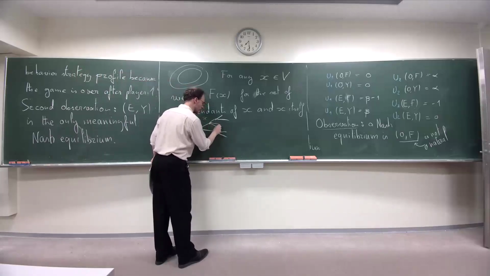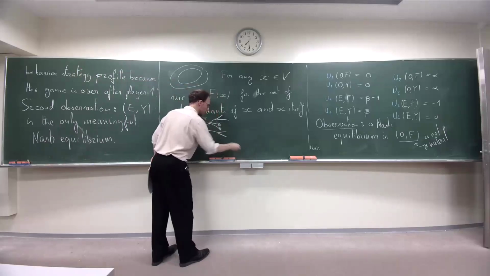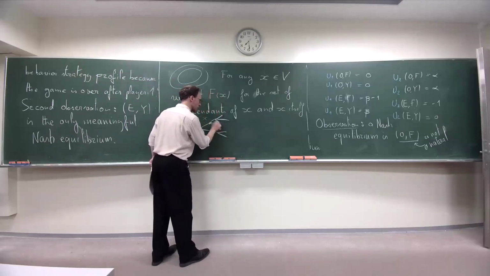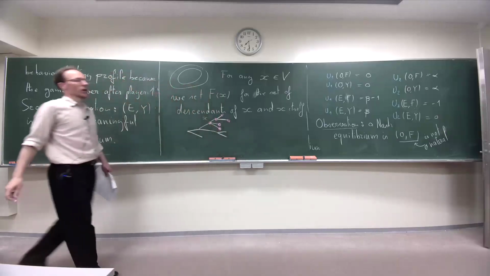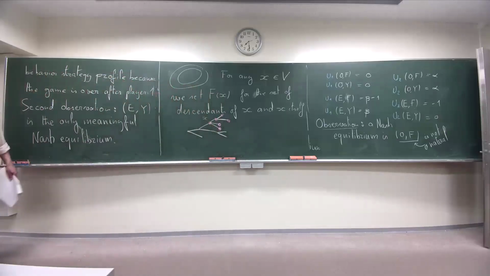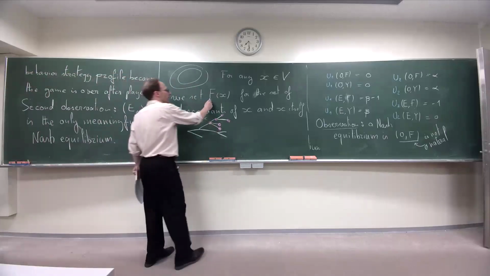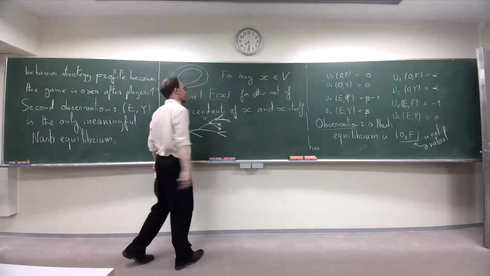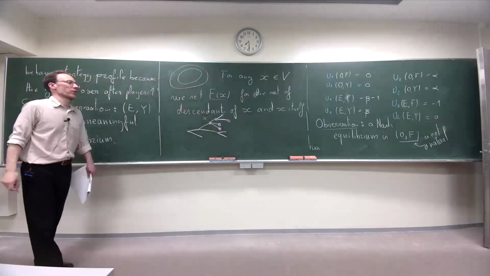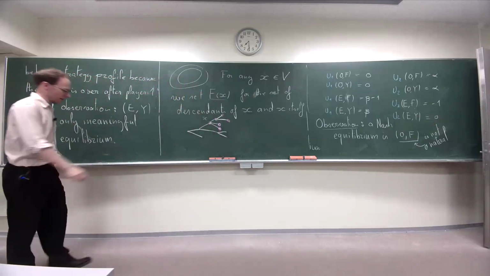It is this one, this one, this one. And what we observe is again a tree. It has to be a tree because we are only taking the descendants of x.